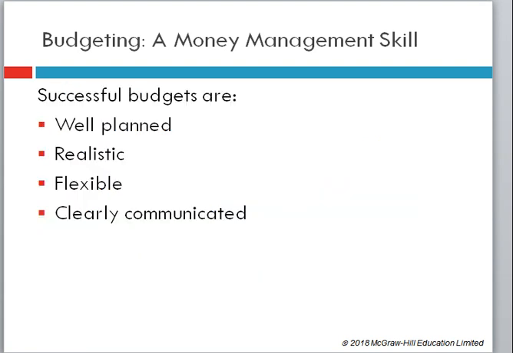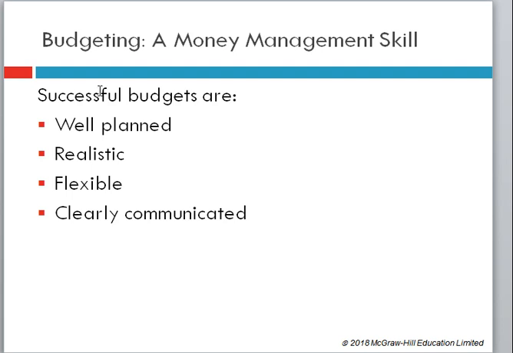So successful budgets are well planned. They consider everyone who is involved in budgeting. So if you have a family, you cannot just create a budget for the family and enforce it upon that family. You have to make them a part of the planning process. So they are well planned, they are realistic.